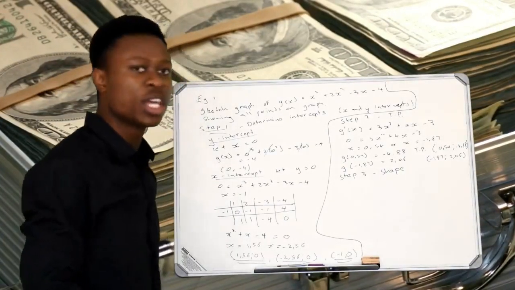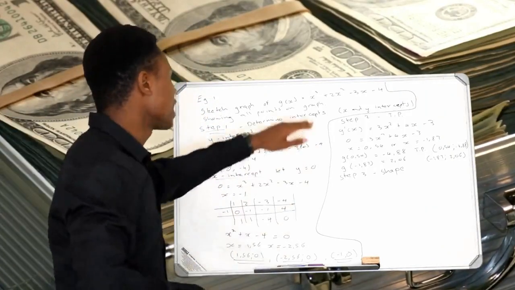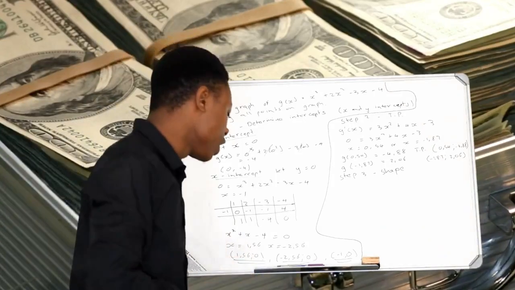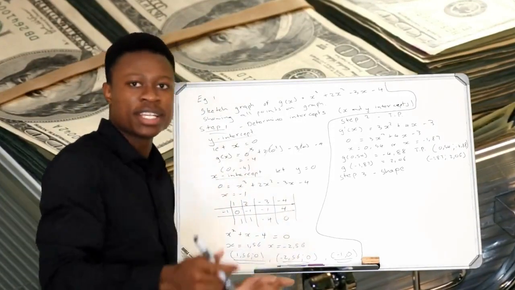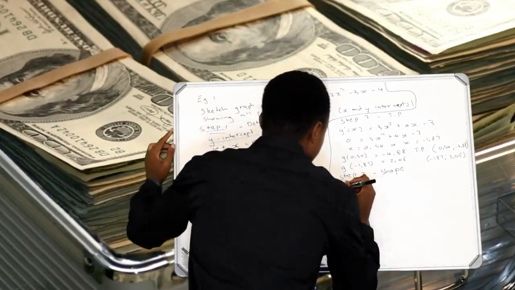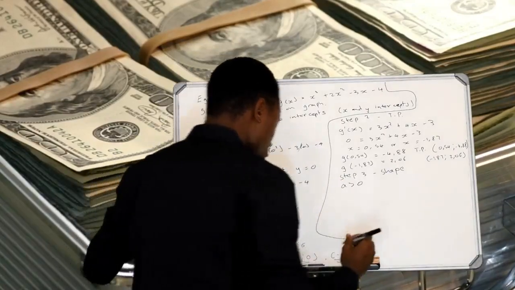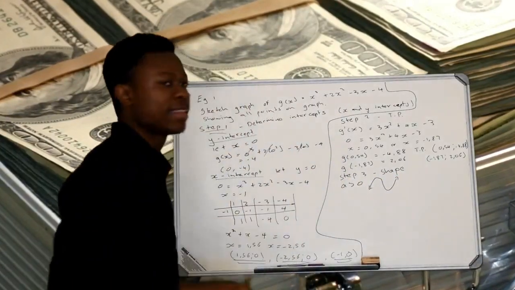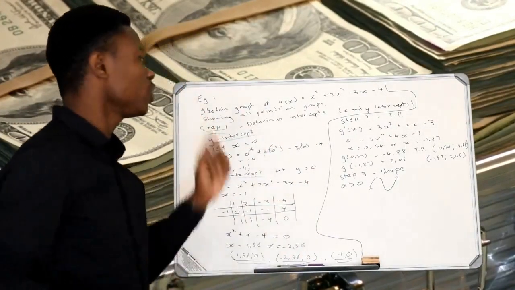It determines whether we start with a local minimum or local maximum. In this case, a is positive. If a is greater than 0, we start with a local maximum. It only makes sense. So the shape of the graph should look something like that, because we start with the local maximum. So that's step 3.